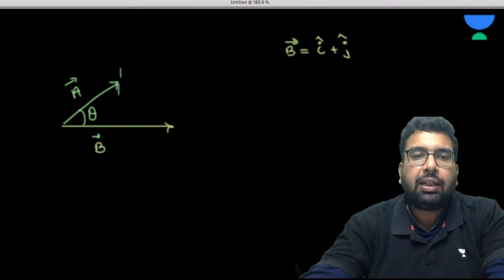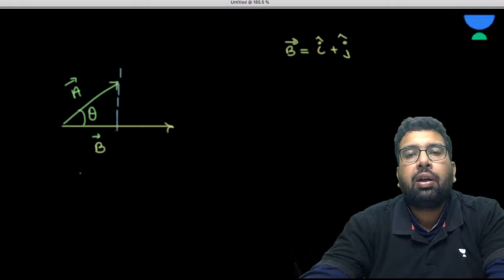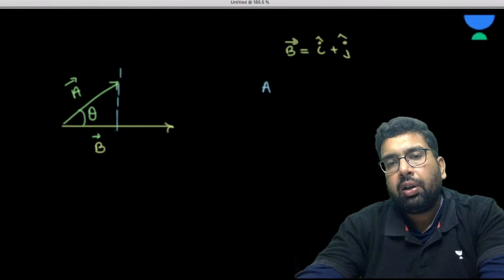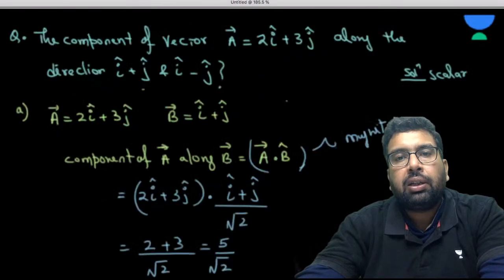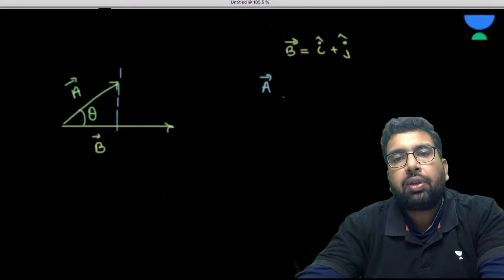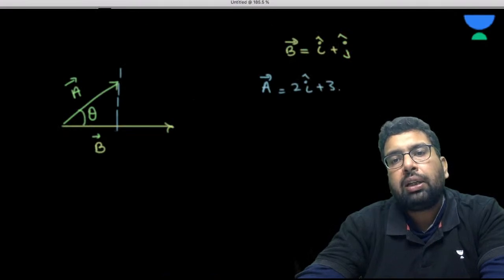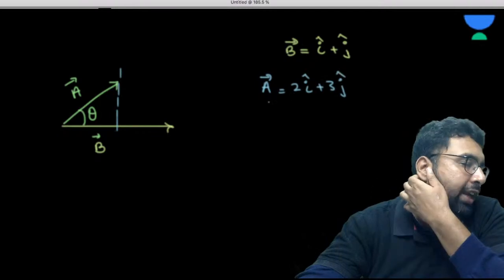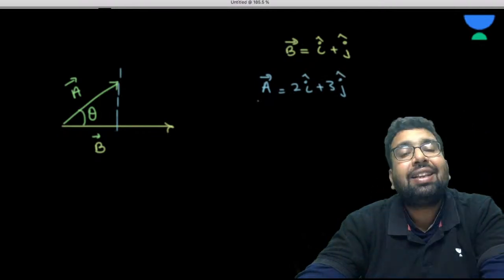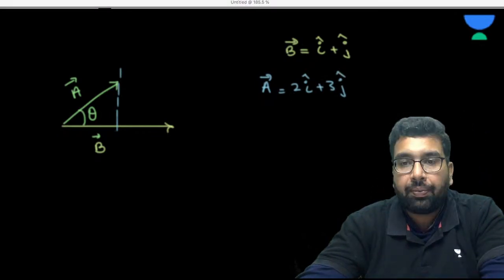So when I take the component of this A vector along the B vector, A vector was 2i plus 3j. Now, tell me one thing. This component of A vector along the B vector, is it a vector or is it a scalar?